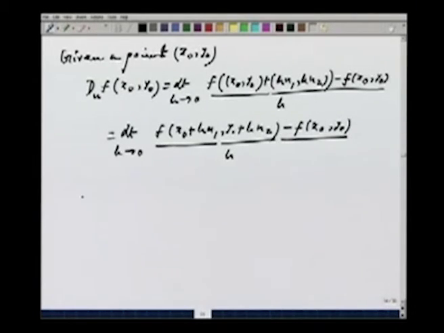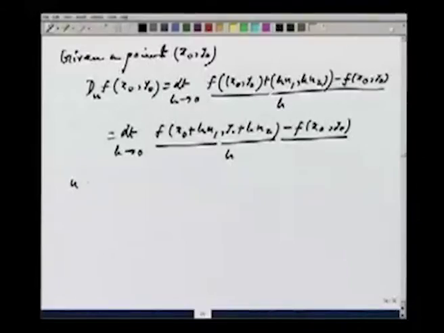Now, if this limit exists, then I call that the directional derivative of f in the direction u exists. Now, if you choose u to be equal to (1, 0), then what is D_u f at (x naught, y naught)?